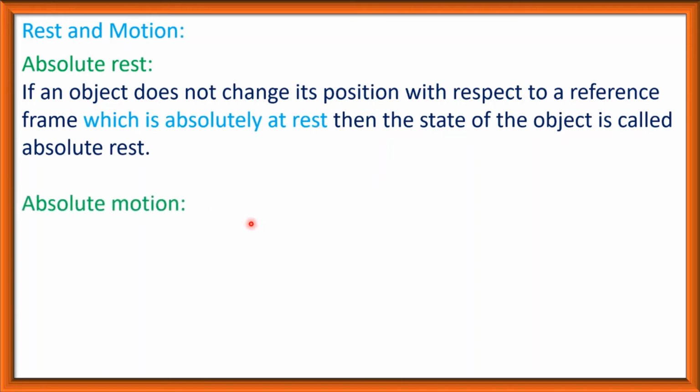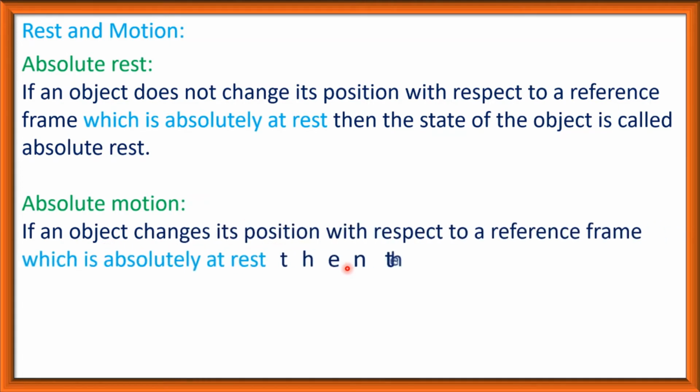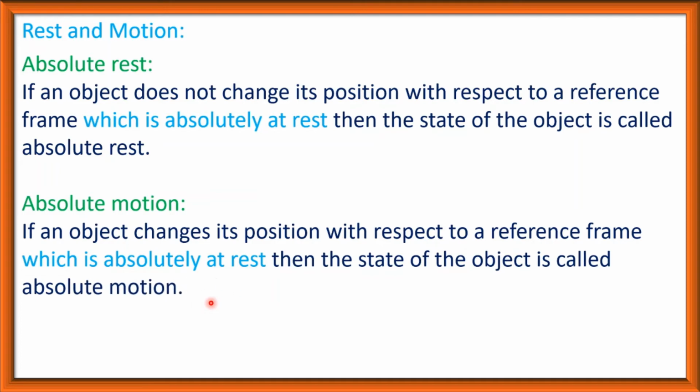And absolute motion. If an object changes its position with respect to a reference frame which is absolutely at rest, then the state of the object is called absolute motion. That is, if we get a reference frame which is really at rest, then with respect to this reference frame, if an object changes its position, the state of the object is called absolute motion.